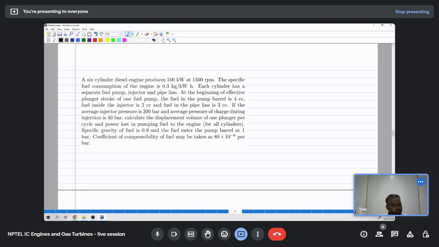So you would have seen this fuel pump. So there will be an inlet and outlet.